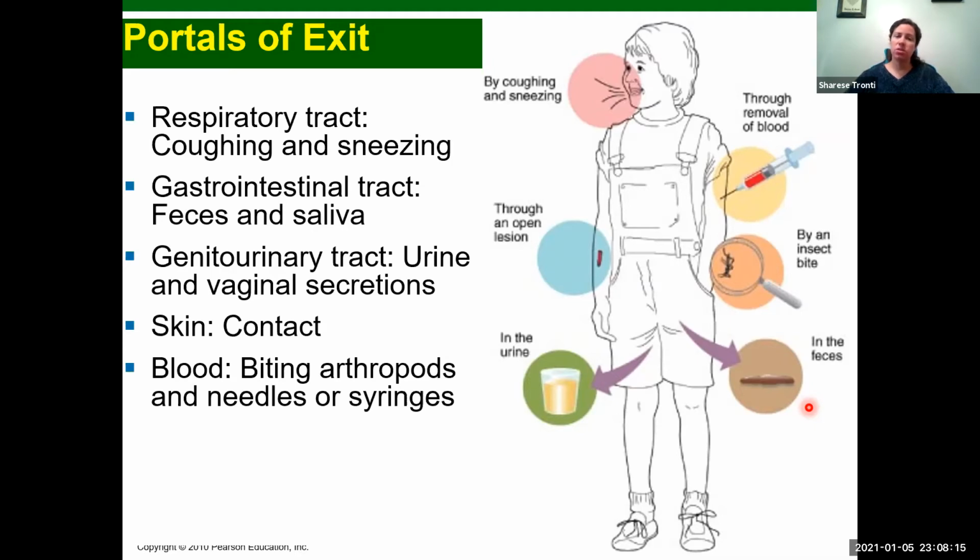Same thing with the gastrointestinal tract. If it entered that way, then it's going to exit that way, either through feces or saliva. The urogenital tract is going to exit through urine and vaginal secretions. The skin can exit through contact, and blood can exit through insect bites, through direct contact with the wound, or through needles and syringes.